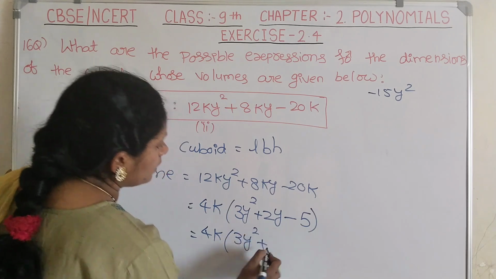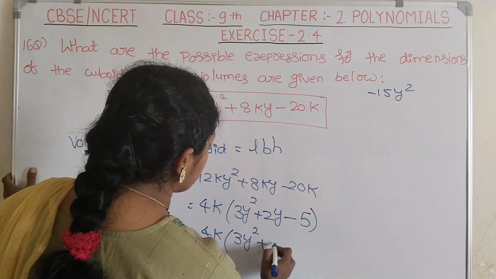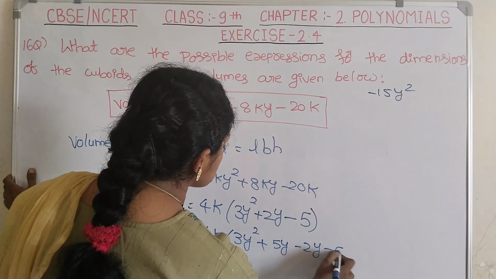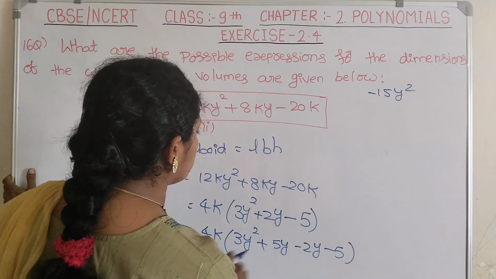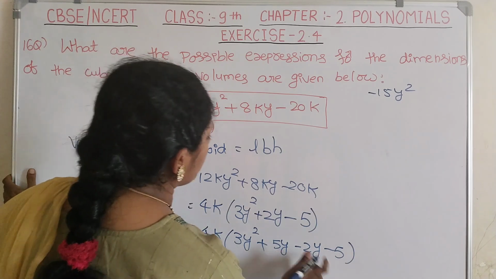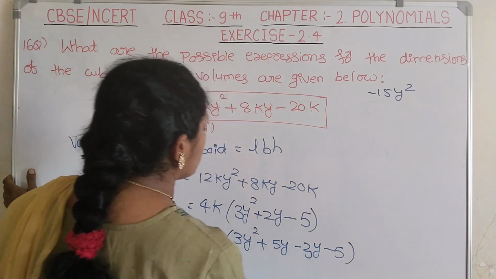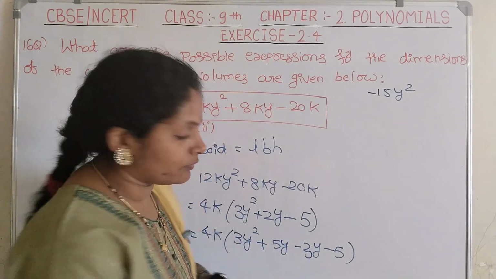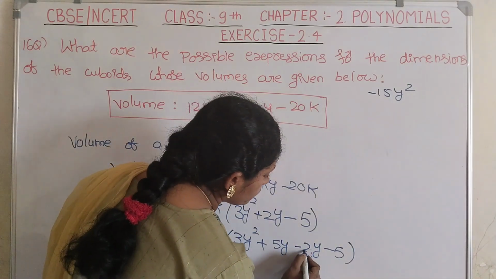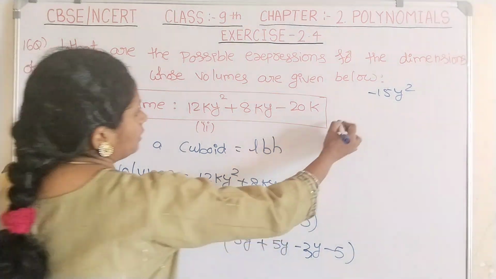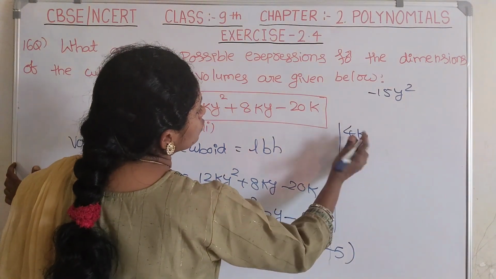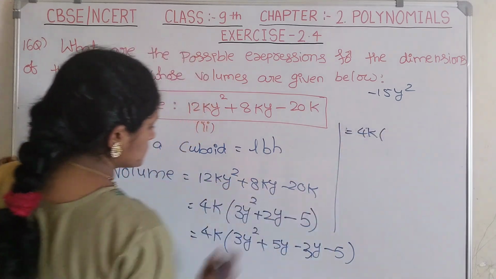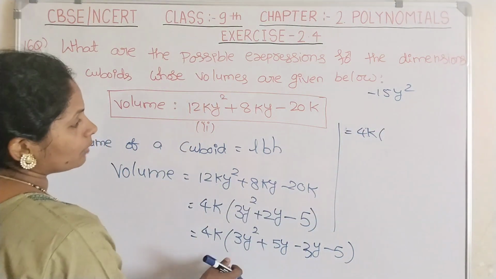3y square plus 5y minus 3y minus 5. Sorry, 5 3s are 15. Here, sorry, the factors are 5y and 3y, not 2y. 4k into, we can take y common here.